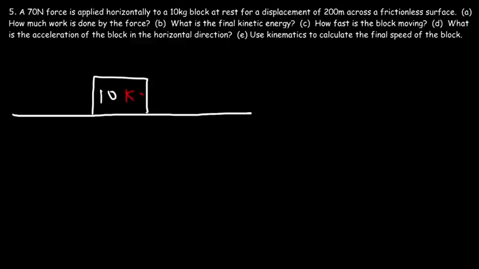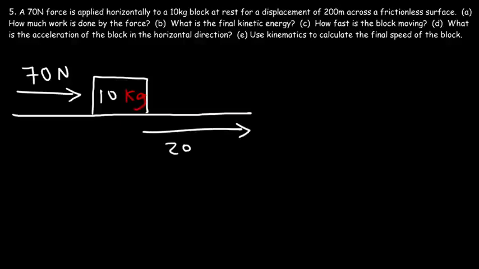So we're going to apply a force of 70 newtons. Now, the block is going to travel for a displacement of 200 meters. So the force is going to be applied until the block travels a distance of 200 meters.